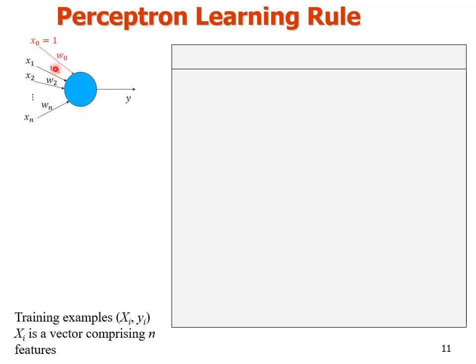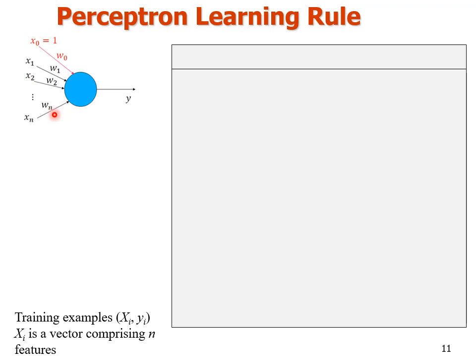Associated with every input we have a weight. Please note we also have an additional input that is meant for bias. So here x0 is equal to 1 and w0 is the bias in the form of a weight. Thus for a given perceptron we have n plus 1 inputs and n plus 1 associated weights.